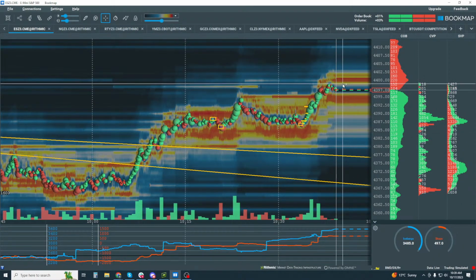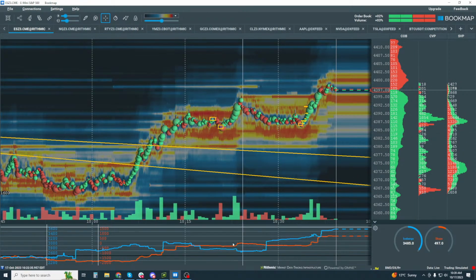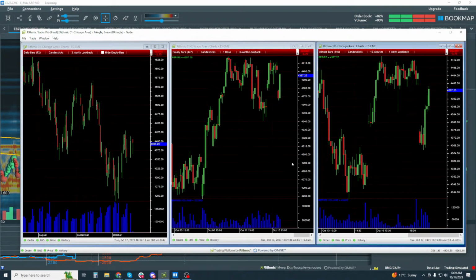Okay, we just filled the gap, so let's take a look at our bigger picture here. We filled this gap here. We haven't filled the real gap at 05 here. Okay, but we have kind of filled this one. Why am I showing it at 02 up here?